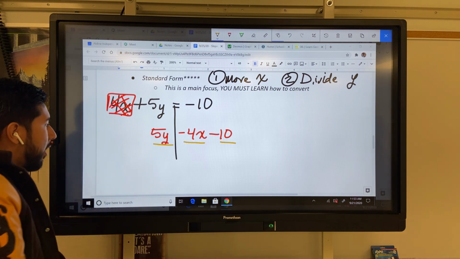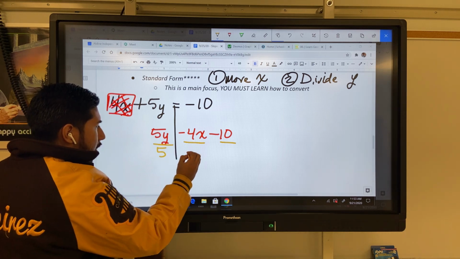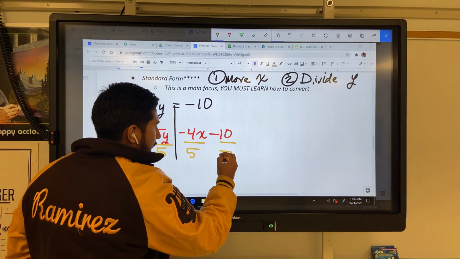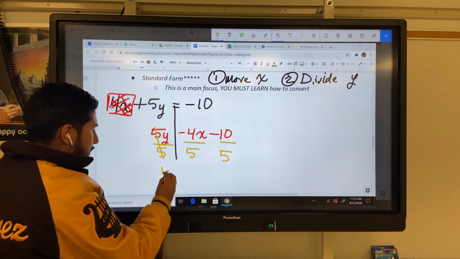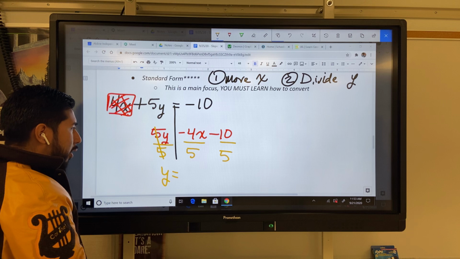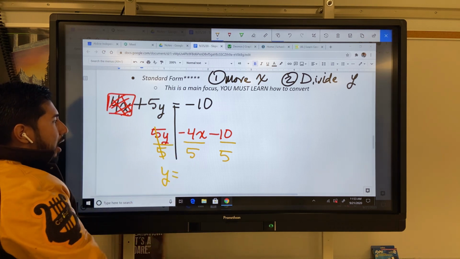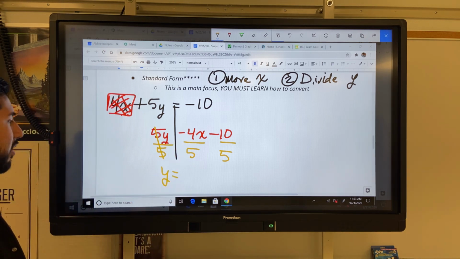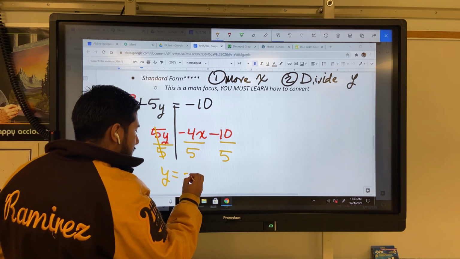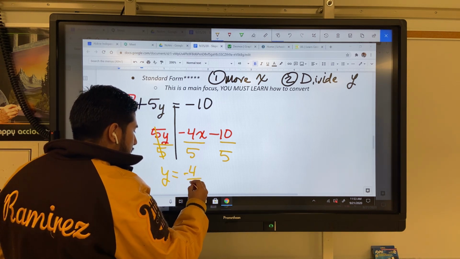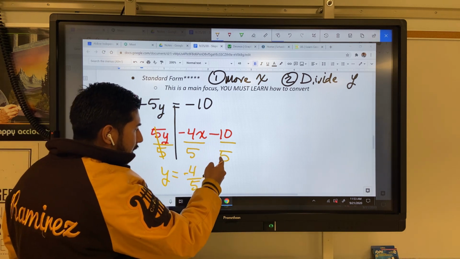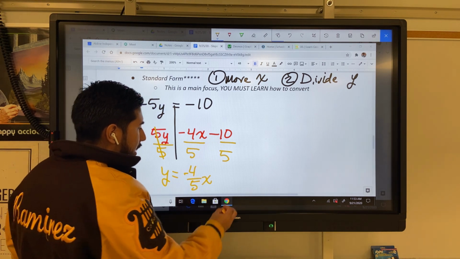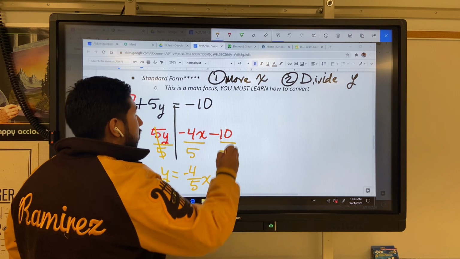The value in front of y, which is 5. 5, 5. These are going to turn into a 1, so we got my y equals, which is what I want. Putting this in the calculator, negative 4 divided by 5 does give me the same value. It's not reducible. X. Negative 10 divided by 5, please use your calculator. Negative 2.